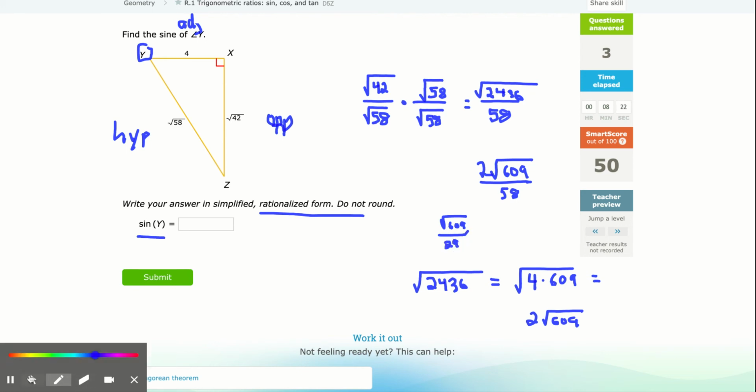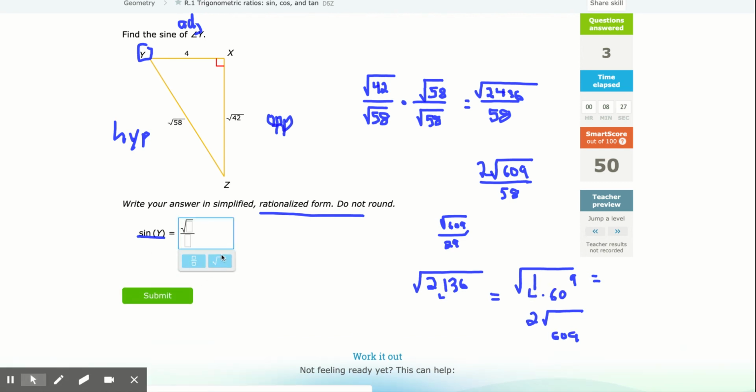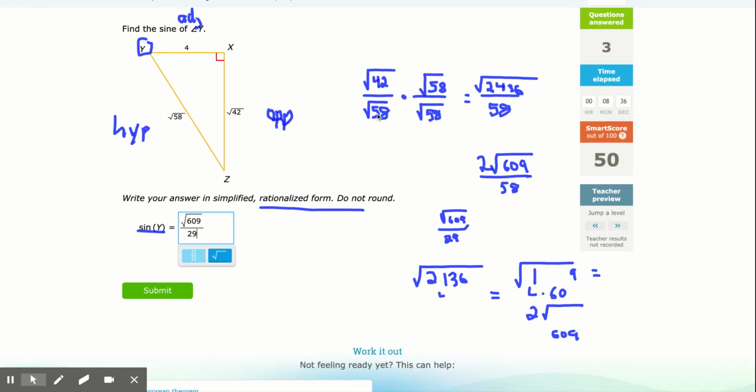And that's what you're going to type in over here. You're going to do a fraction: the square root of 609 over 29. Again, this takes a little work because it has to do with reducing these radicals.